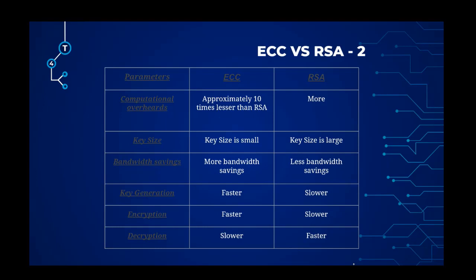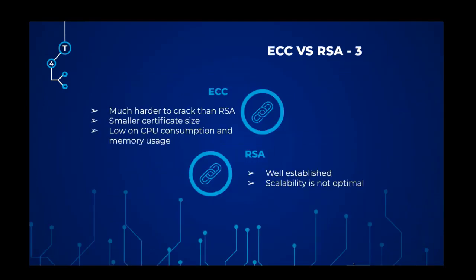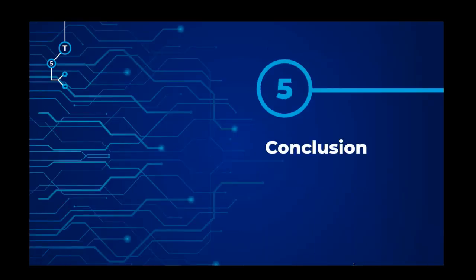It needs a smaller certificate size, and it is much harder to crack ECC than to crack RSA. All of those elements make ECC the new successor of RSA in the future. After this comparison, ECC seems to have better potential, and it seems very promising as a crypto system. Now we're going to pass to the last part, which is the conclusion.